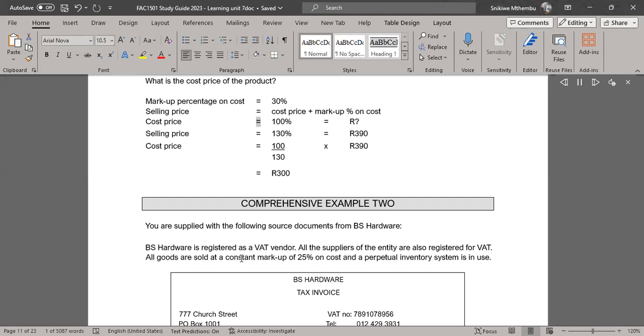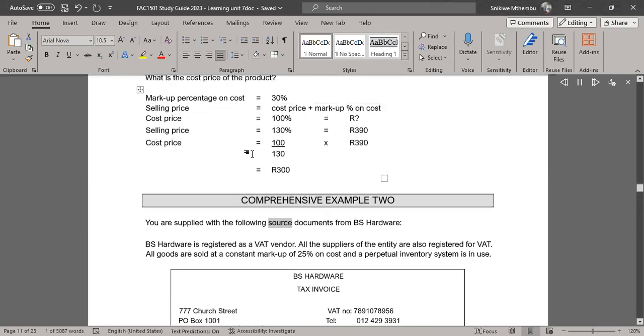Cost price equals 100%. Cost price equals R390 x 100 divided by 130, which equals R300.